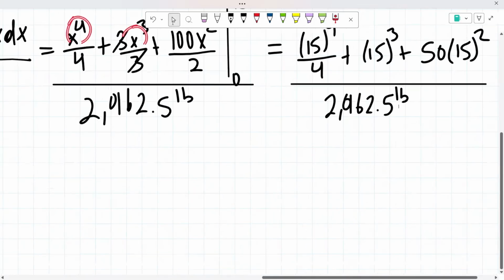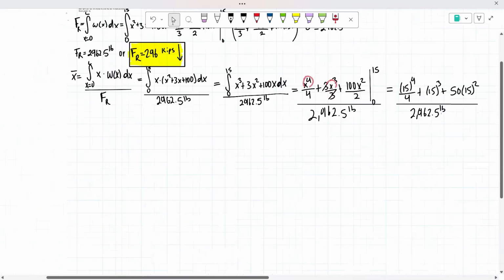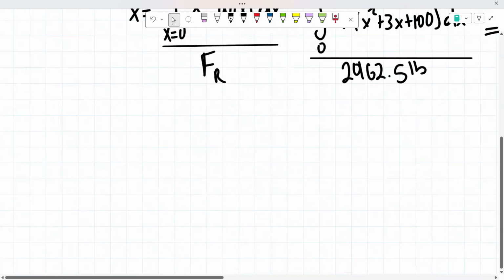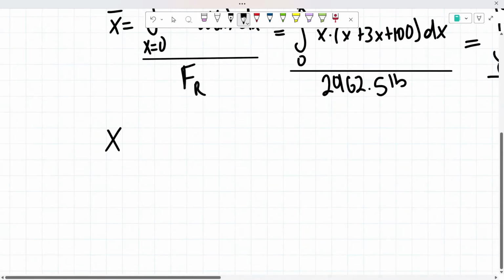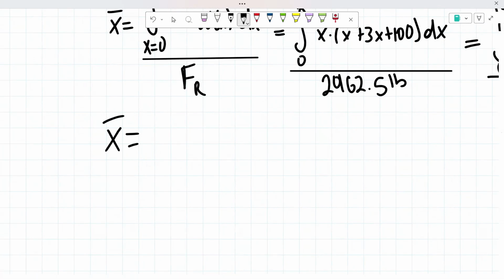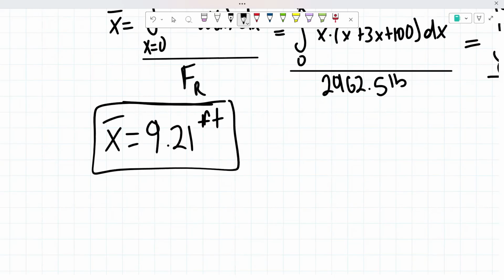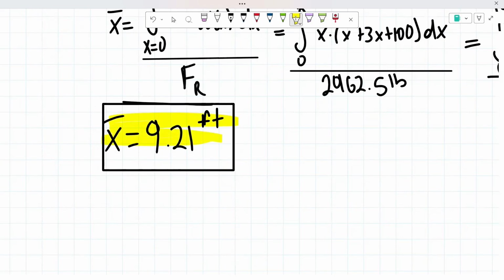So we're not going to write it out. And that should give you that the location of that resultant force or that concentrated force is approximately 9.21 feet away from point A. And just like that, we were able to determine the location of that concentrated force.